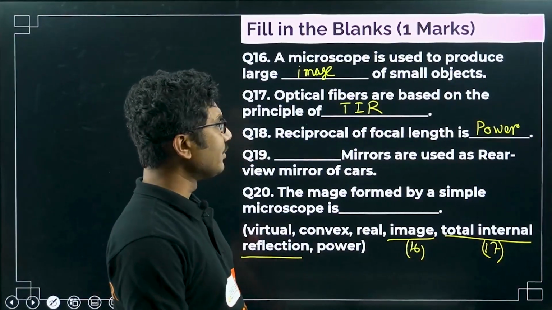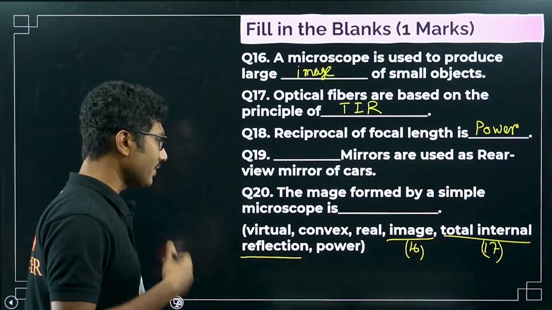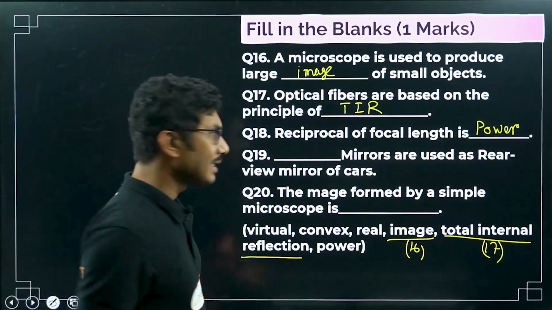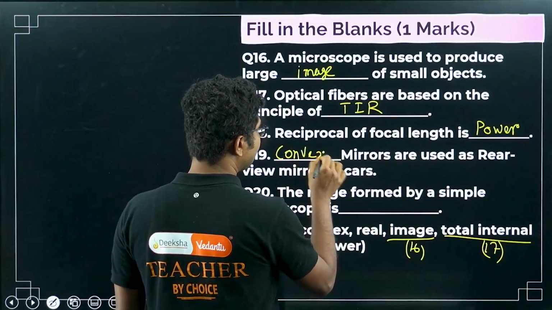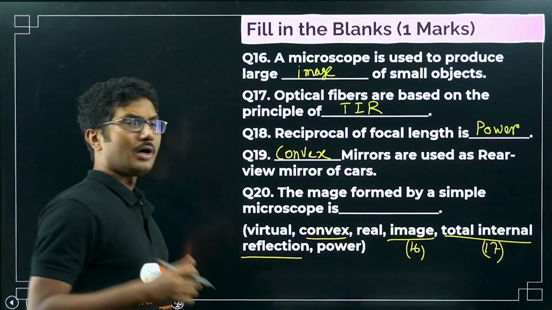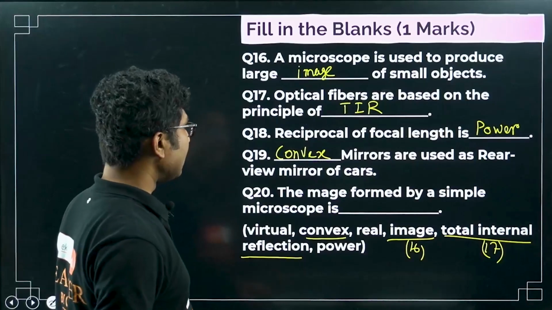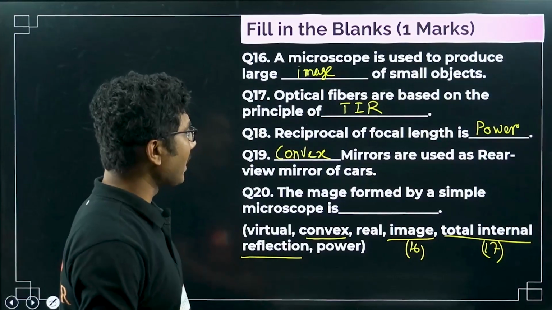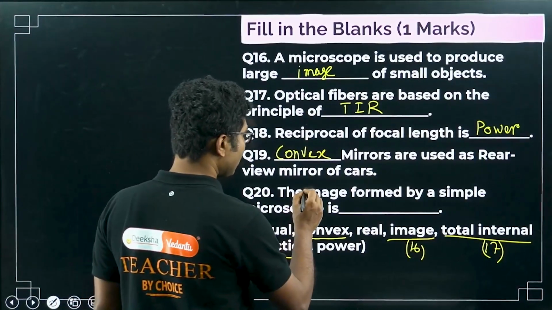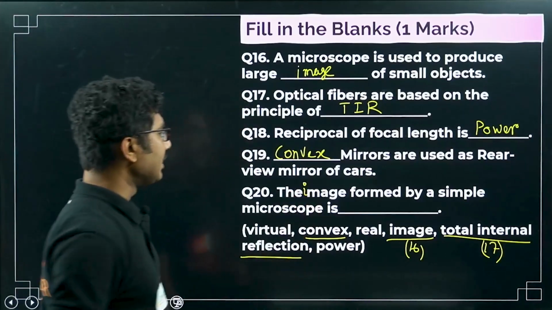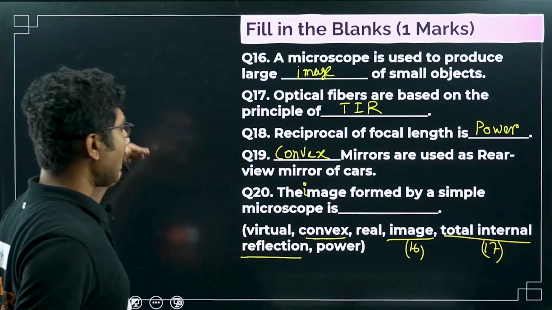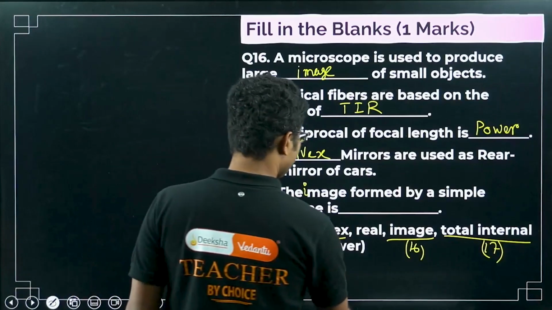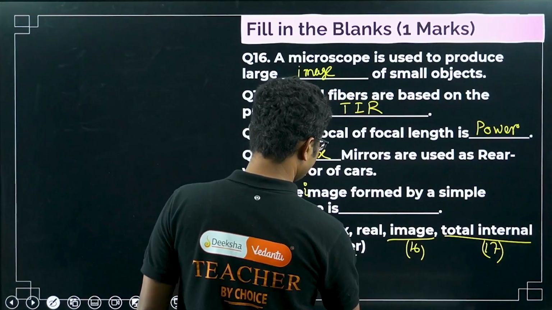Dash mirrors are used as rear view mirrors of car. So what type of mirrors are used? Convex mirrors are used in case of rear view mirrors of cars. The image formed by a simple microscope, this will be image. Power is also done, right?